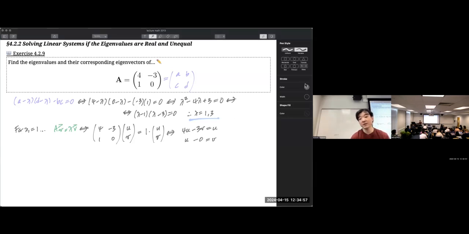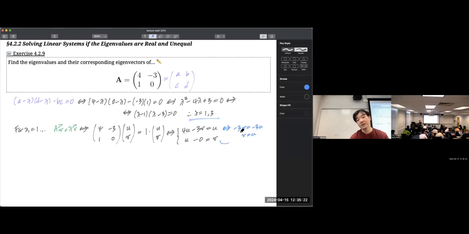Okay, so we have two equations for two unknowns, but it turns out that they're equivalent. If you took the first one and moved this to the other side, you get 3u equals 3v, which is equivalent to v has to equal u. But what is the other equation?